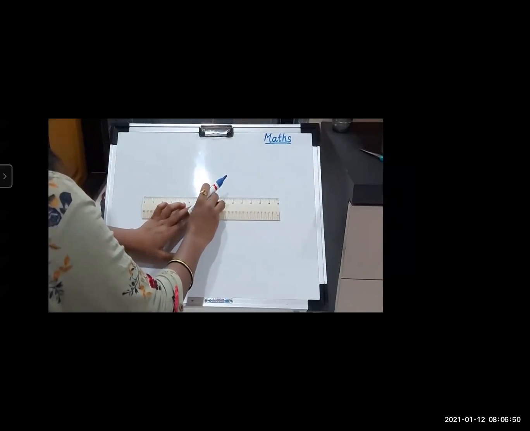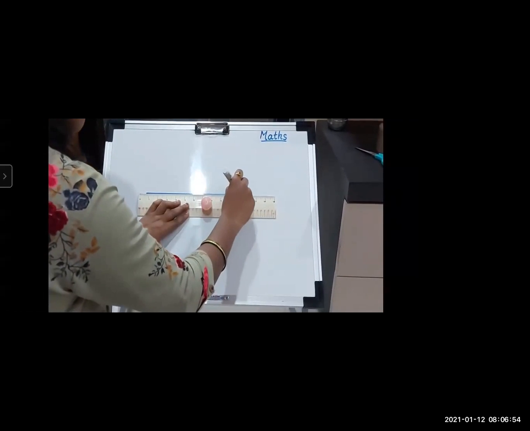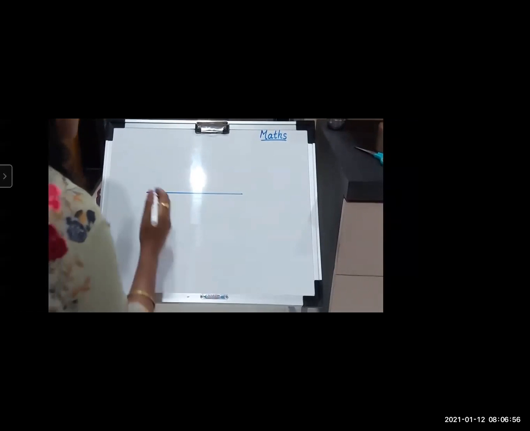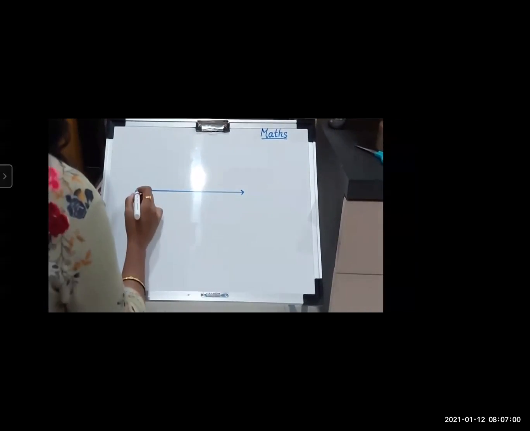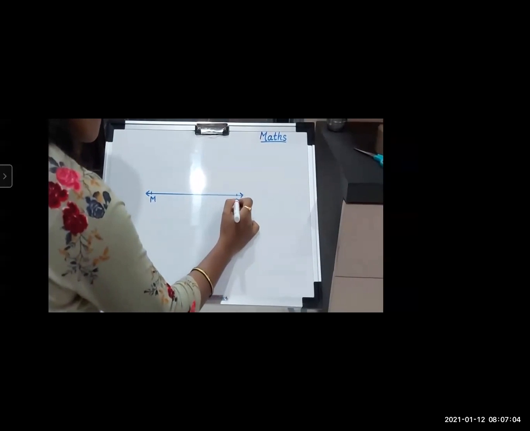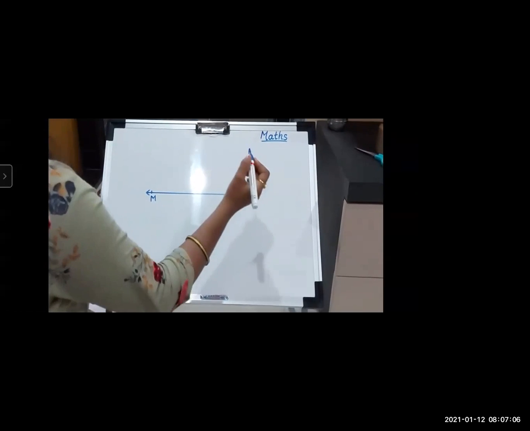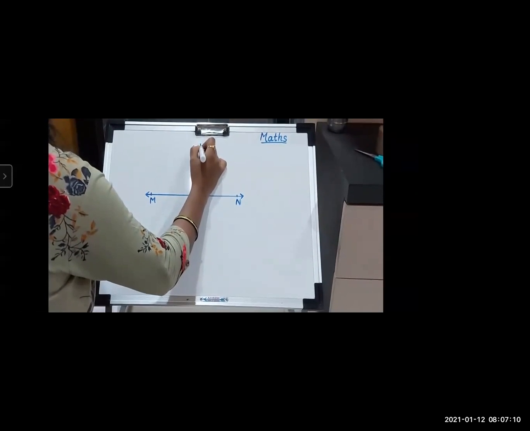Now, first we have to draw a straight line using the ruler. Now we have to name it. As it's a line, we name it line MN. The instruction has been given to give the point outside the line.